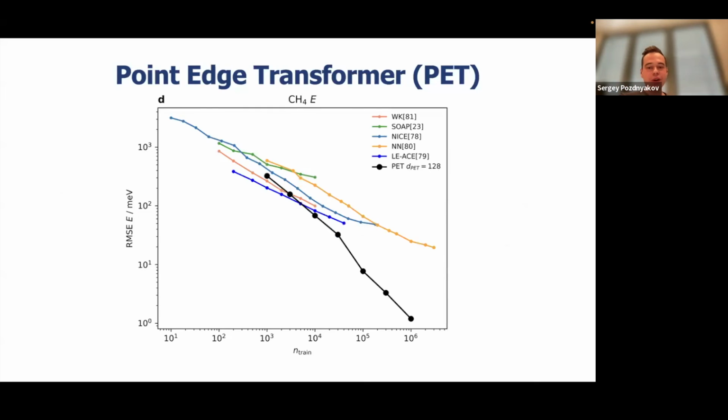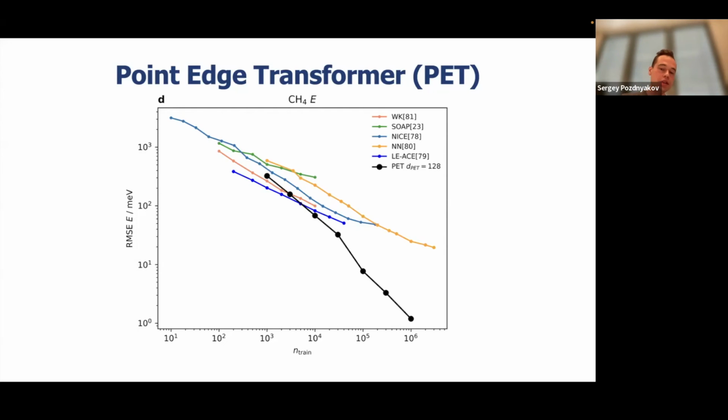The next benchmark that I want to present is the performance of our model on the dataset of randomly displaced CH4 configurations. On this slide, you can see so-called learning curves. It means that on the horizontal axis, you can see the number of training configurations, and on the vertical axis, there is the root mean squared error on the test subset.